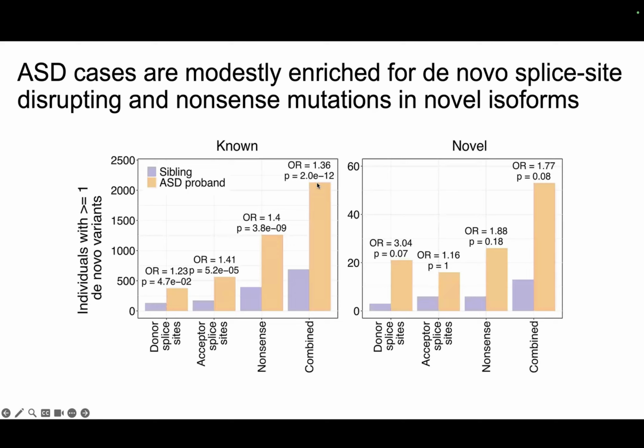So while there's an enriched risk, I would say this is trending toward significance for increased risk for ASD with these kinds of mutations. But we're generally heartened that as more and more individuals with ASD are sequenced, especially with whole genome sequencing relative to whole exome sequencing, we'll be able to use these novel isoforms to explain more and more risk of ASD as whole genome sequences from more individuals with ASD are collected.